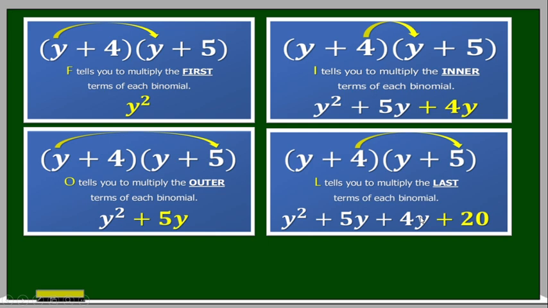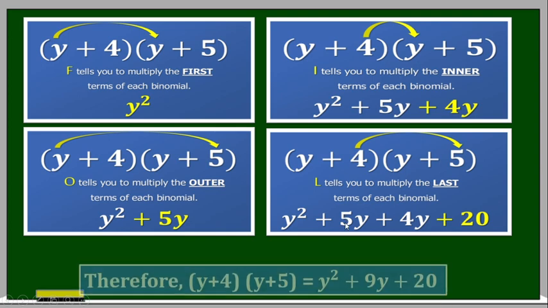As you can see, the products of O and I are similar terms, so you combine the two: positive 5y plus positive 4y gives positive 9y.